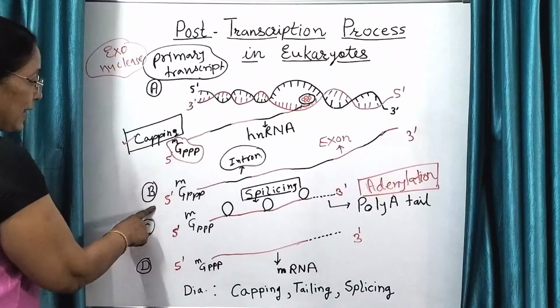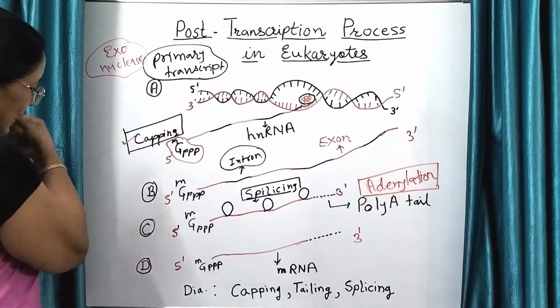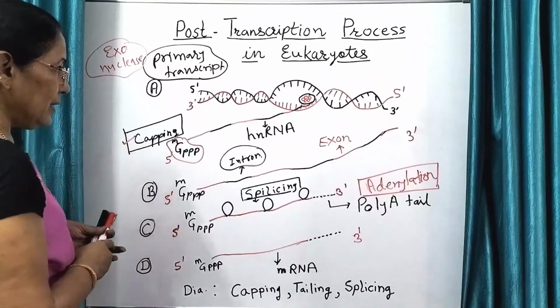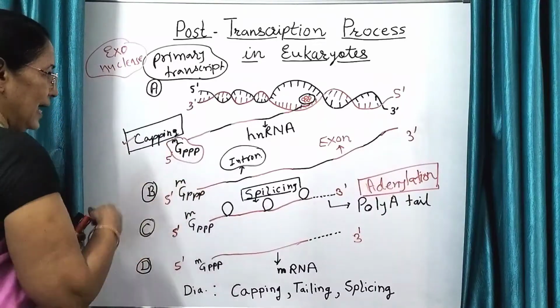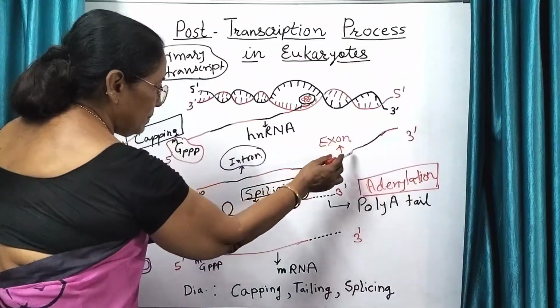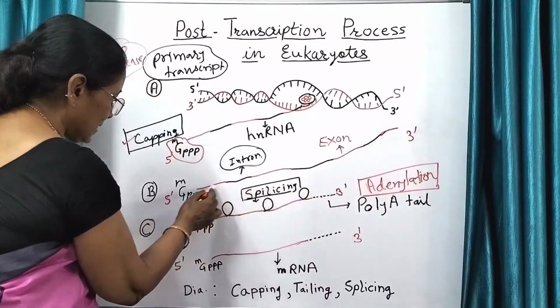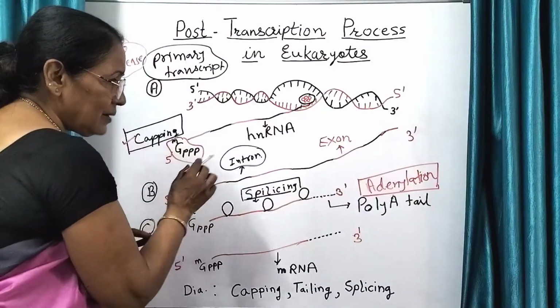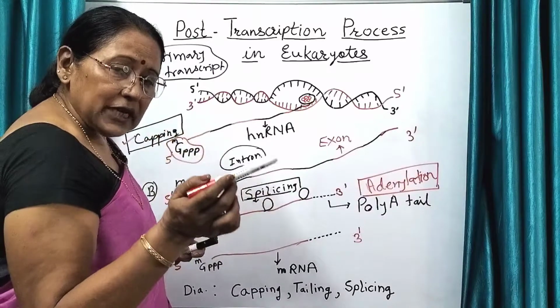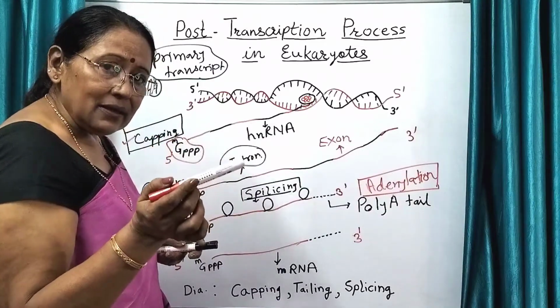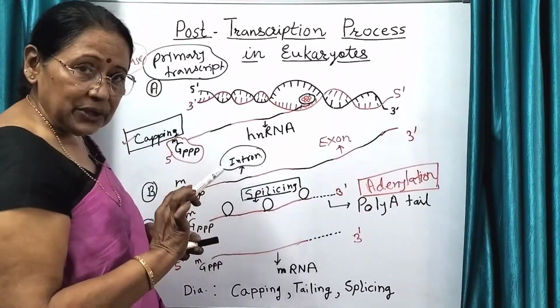5' end is considered as the head, and here the capping has been done. Now come to diagram B. Here the heterogeneous RNA has come out. The next two steps, adenylation and splicing, are not shown here.